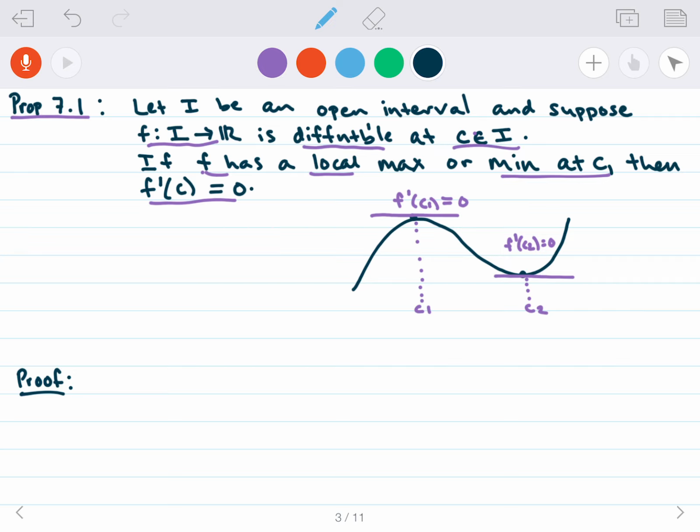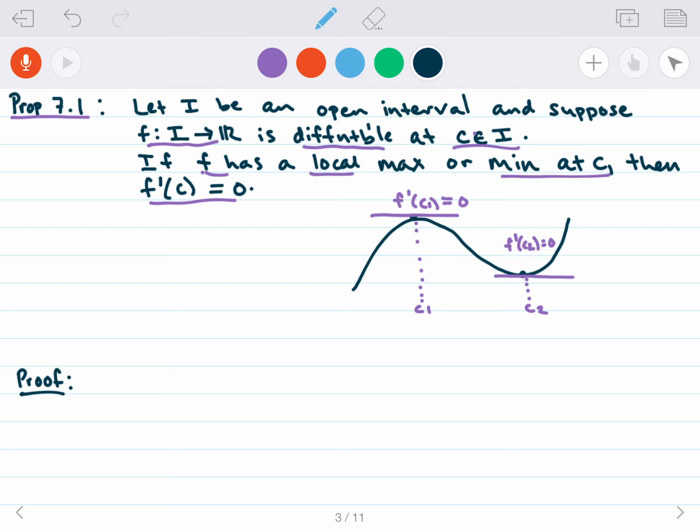Now, I am going to do the case where we have a local max at c, but the proof for a local min is completely symmetric to the proof for a local max.